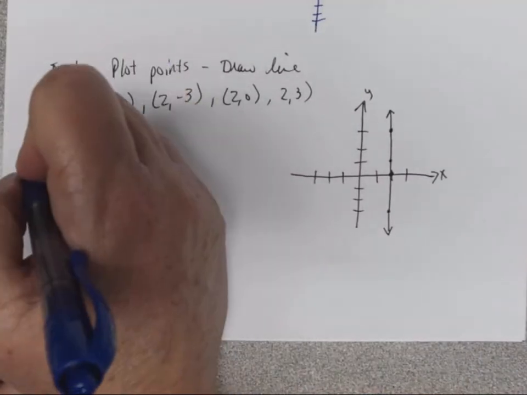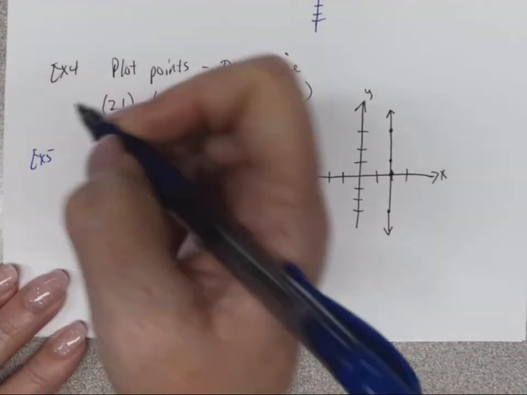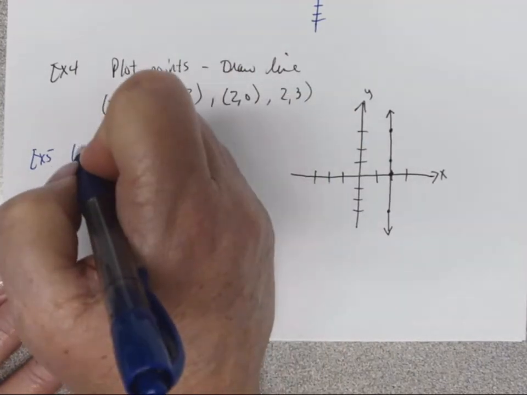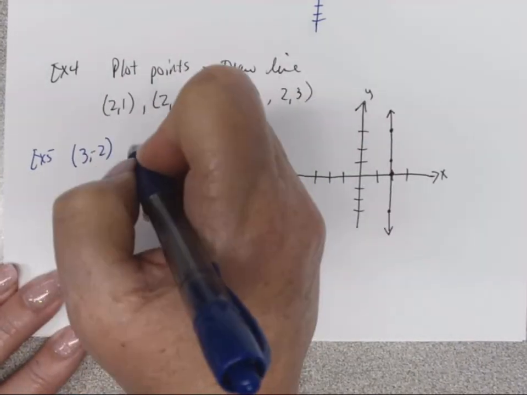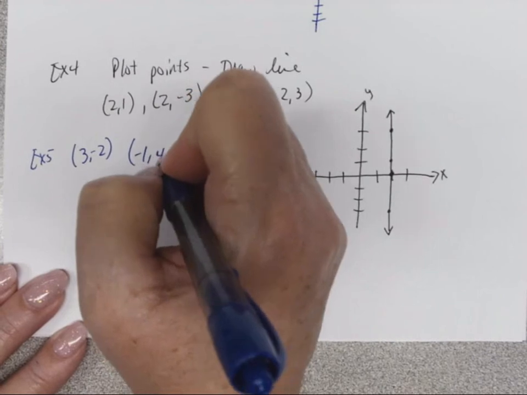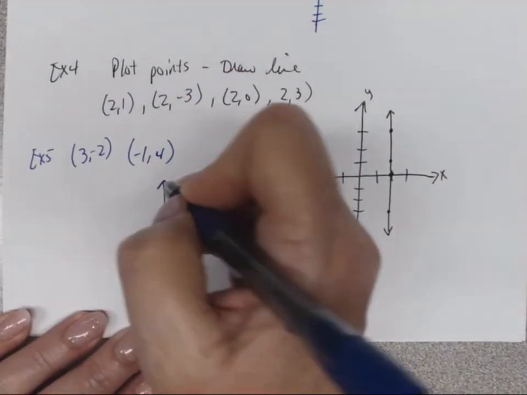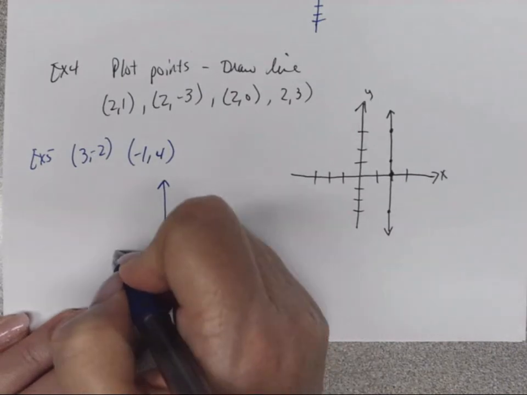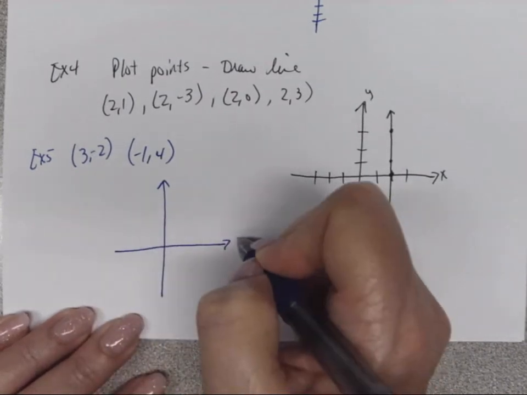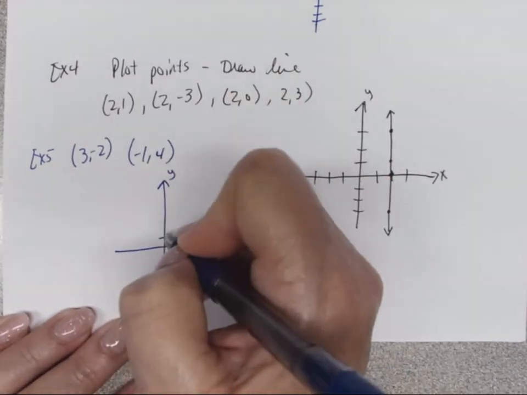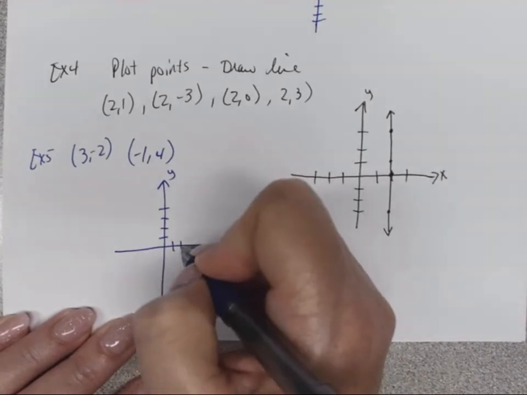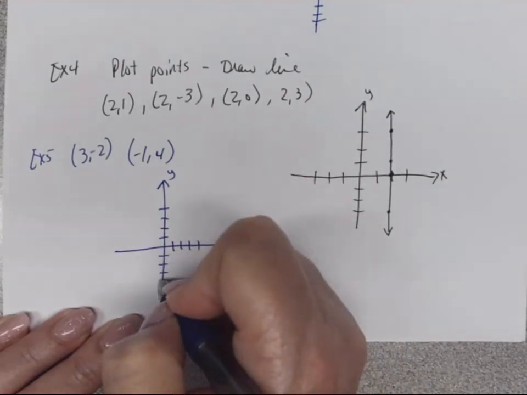I'm going to just squeeze him in here. So example 5, we are given the points of 3, -2, and -1, 4. So we're given 2 points. Our x and our y, 1, 2, 3, 4 on each axis.